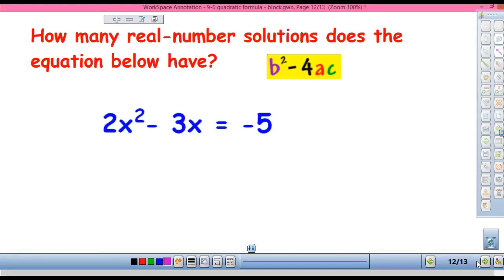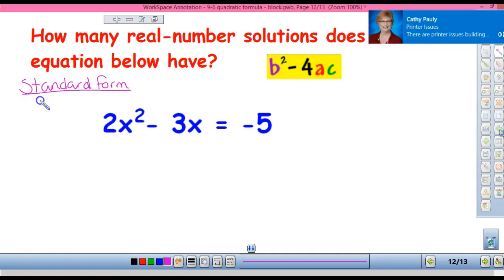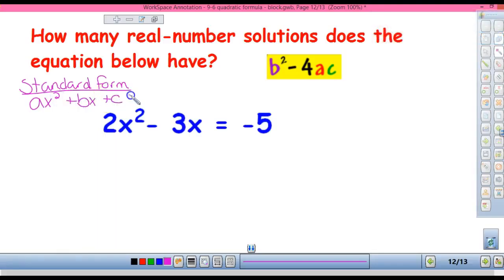All right, so let's look at this guy. First thing we always have to do is put it in standard form. And standard form looks like what? For quadratics, standard form is ax squared plus bx plus c equals 0.